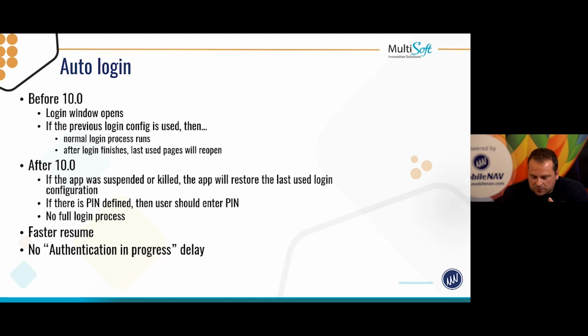So this auto login is very useful for scenarios when you leave the device for a couple of seconds, minutes, or hours, because thanks to the auto login, you don't need to wait a couple of seconds. Remember, when I started my demo, I had to wait a couple of seconds until I was successfully logged in. This is not needed if the auto login is enabled. So faster resume and no authentication in progress delay.